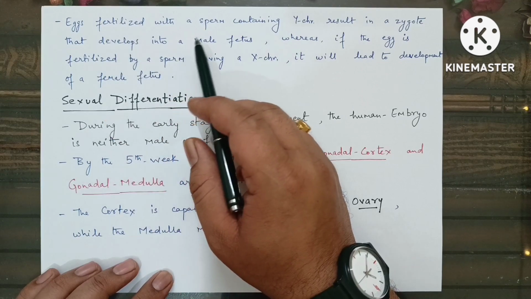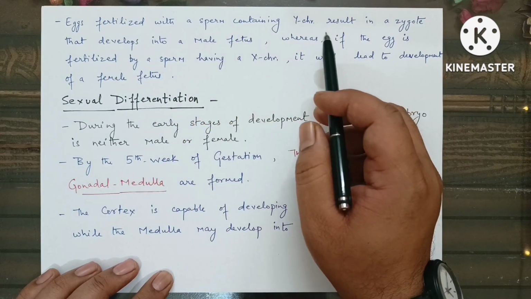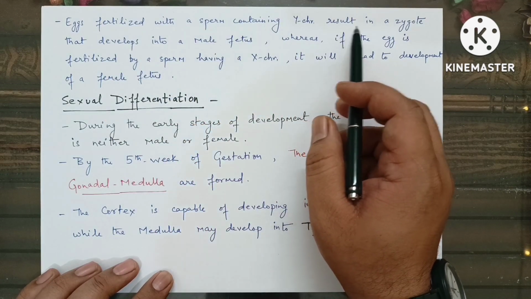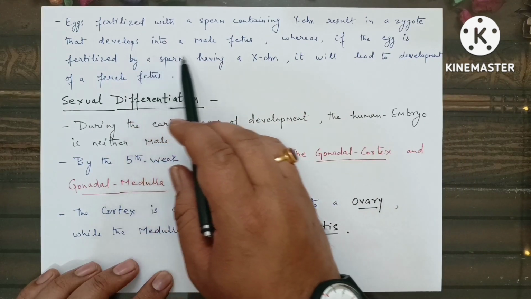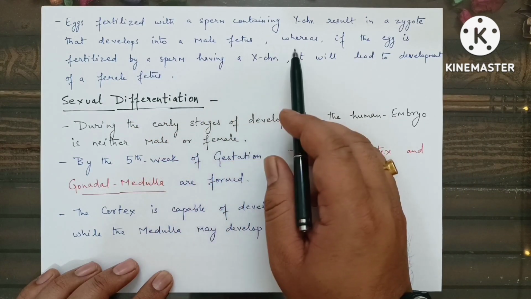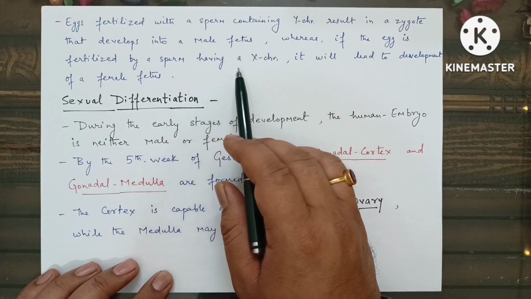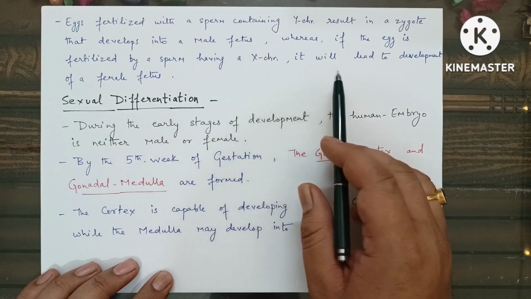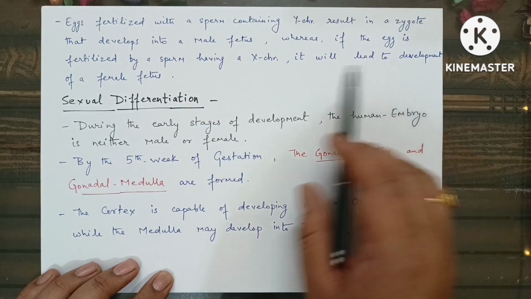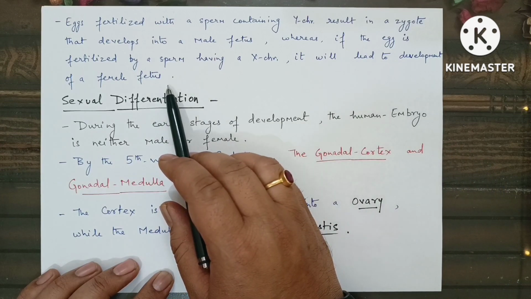Eggs fertilized with a sperm containing Y chromosome result in a zygote that develops into a male fetus, whereas if the egg is fertilized by a sperm having an X chromosome, it will lead to development of a female fetus.